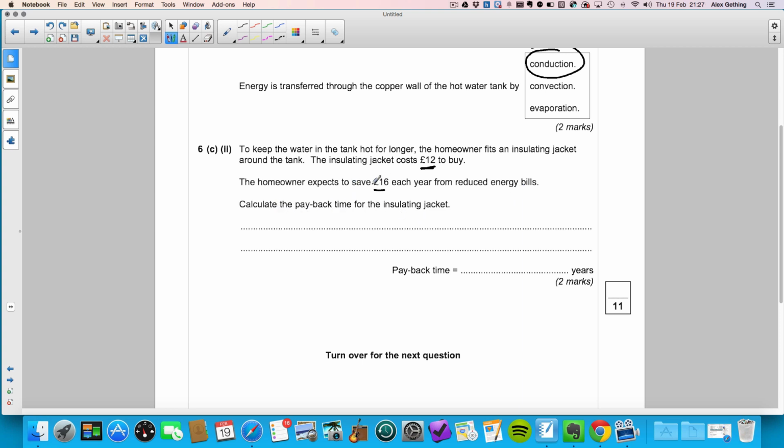So what they're saying is, how long would it take for the homeowner to be living in that house with that immersion heater to make it worthwhile buying that insulating jacket? The calculation we'd have to do here would be 12 divided by 16. If you do that as a calculation, that will come out as 0.75 years, or 3/4 of a year. Okay, I think I put 0.75.